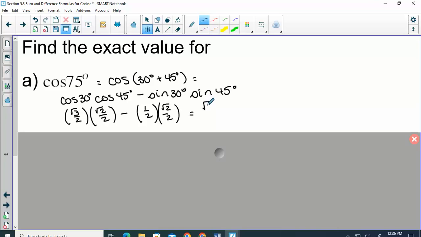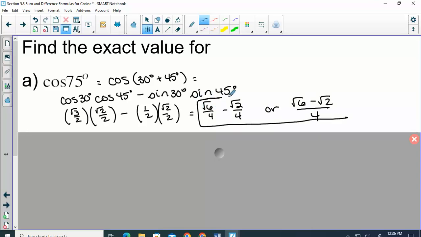So we get radical 6 over 4 minus radical 2 over 4. You can leave it like that if you prefer to make one fraction, radical 6 minus radical 2 all over 4, that's fine. But we don't want the decimal because I said exact value.